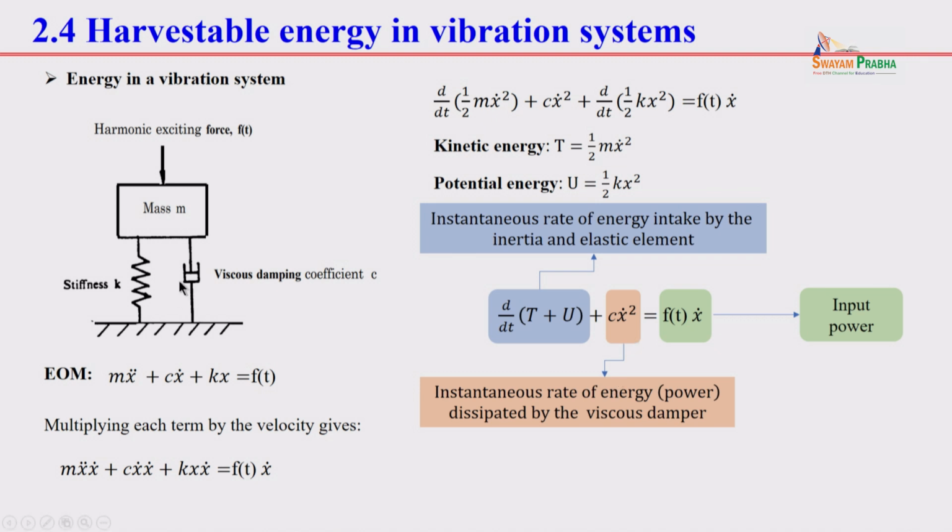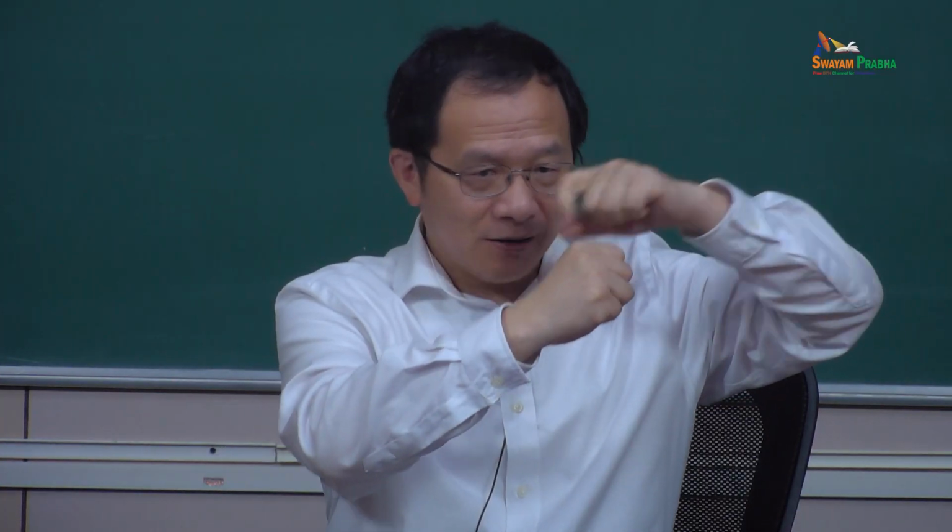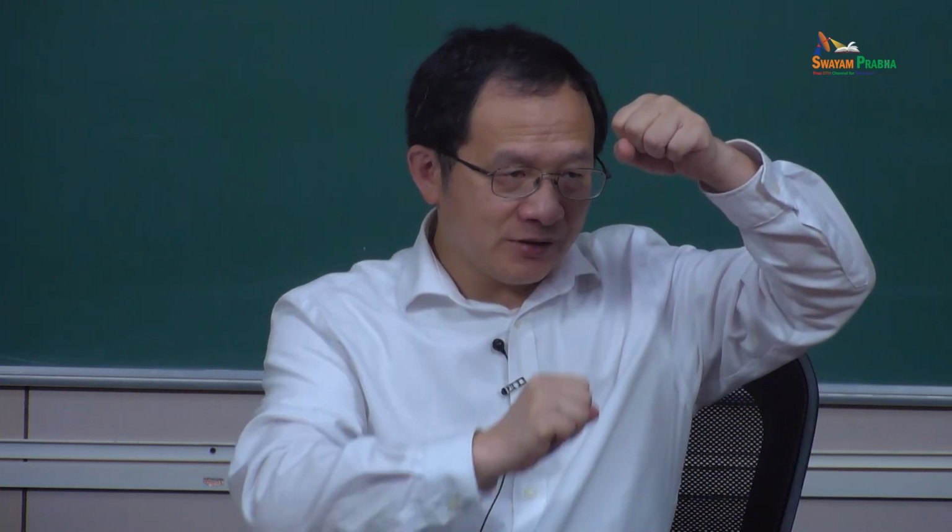In the spring mass system, the spring stores potential energy. After one cycle, the energy goes back, right? The mass stores kinetic energy, (1/2) m velocity squared. When you go through one cycle, the kinetic energy goes back.